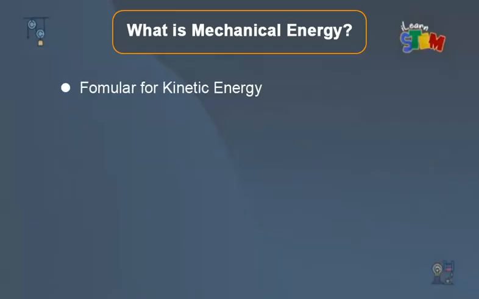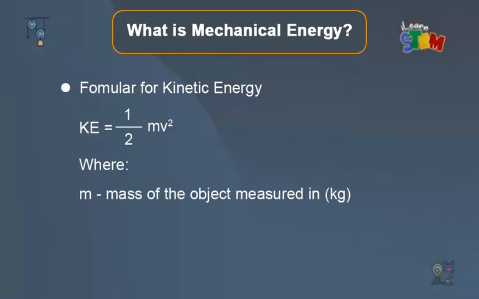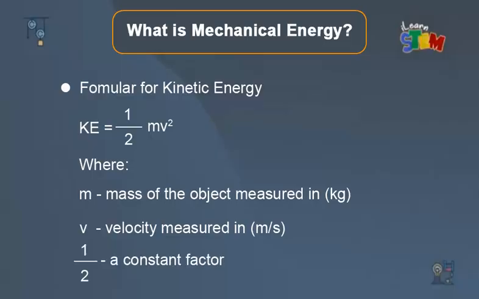The formula for kinetic energy is: kinetic energy equals 1/2 mv squared, where m is the mass of the object measured in kilograms, and v is velocity measured in meters per second, and 1/2 is a constant factor that comes from the derivation of kinetic energy in physics.